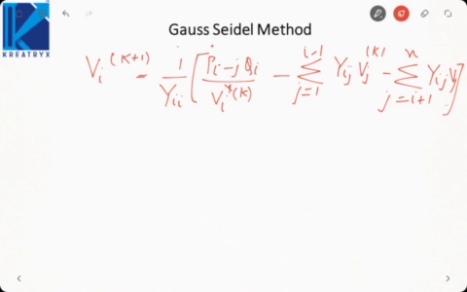But the first will be k plus 1th iteration, this will be kth values.